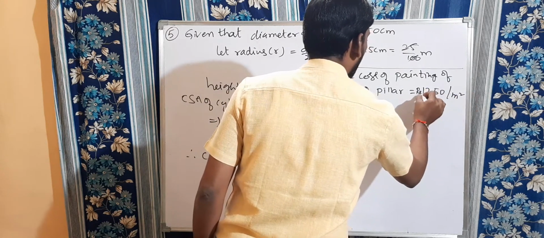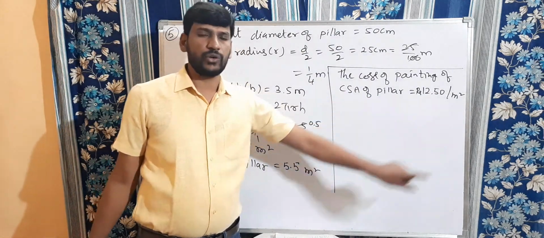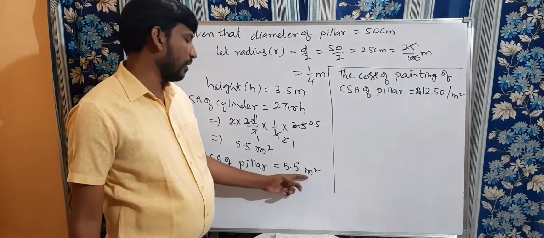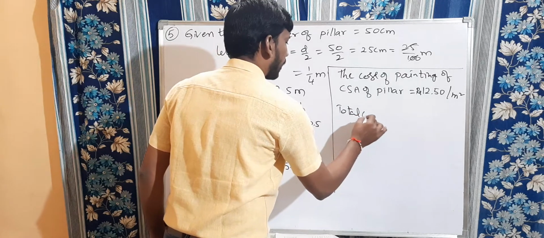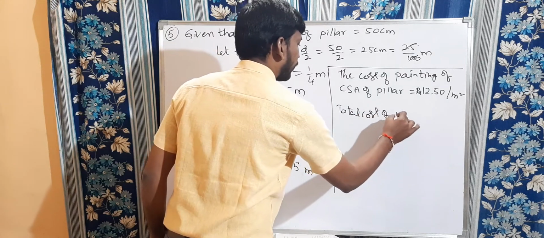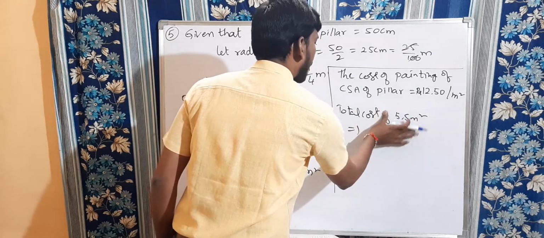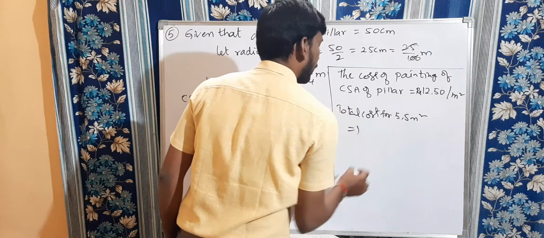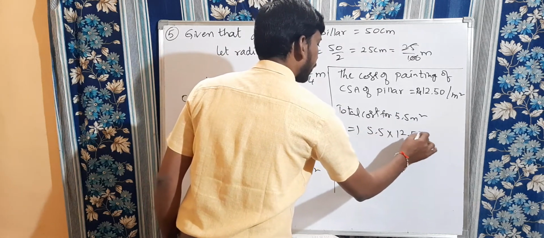Per 1 meter square, the cost is 12.50 rupee. Then what is the cost of 5.5 meter square? So now total cost of 5.5 meter square is equal to 5.5 into 12.50.